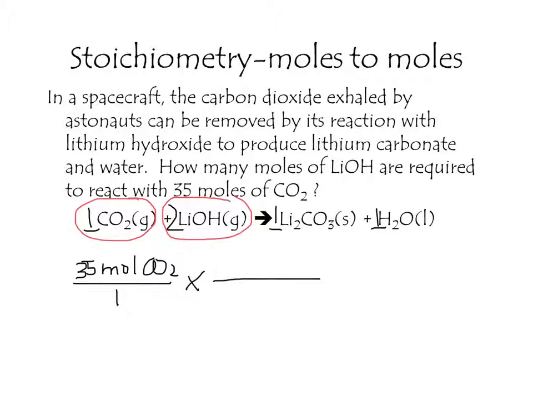So, again, like in the first example, we start off by putting the coefficient of the CO2, what we start with. CO2 is 1, so I'm going to put 1 CO2 on the bottom of this ratio, and then I'm going to put the second one, which is 2 LiOH, on the top.